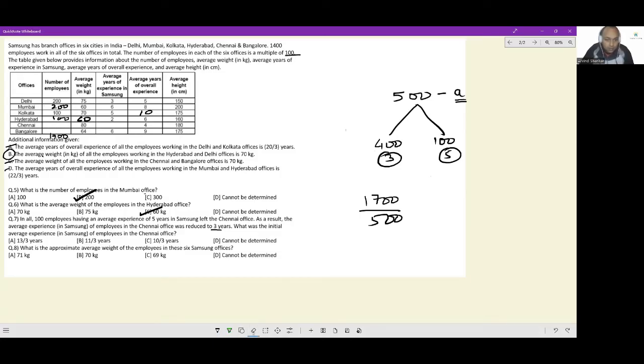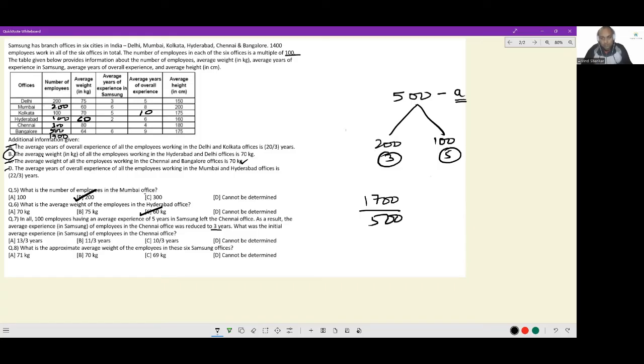Chennai and Bangalore are not 500 and 300, they are 300 and 500. They are 300 and 500 because the population of Bangalore has to be higher for the average to be closer to 64. So it is not 400, it is 200.